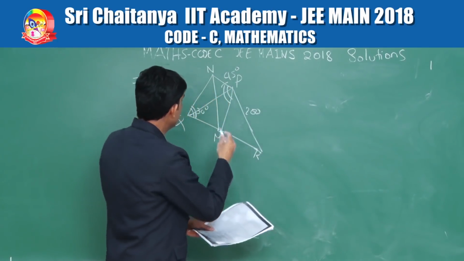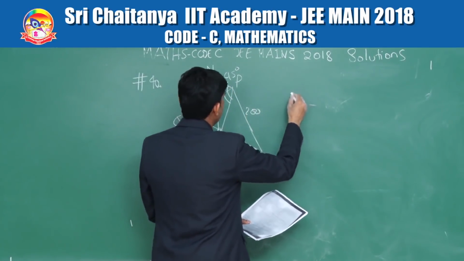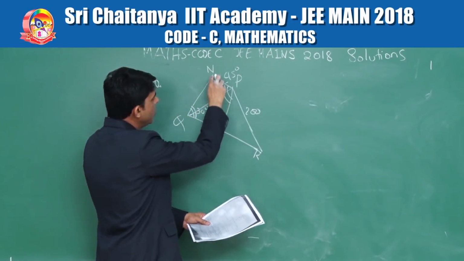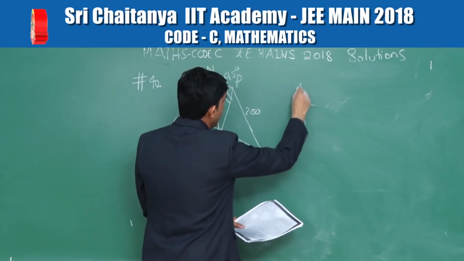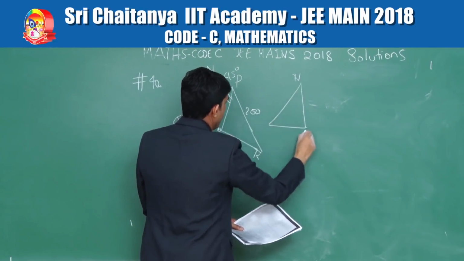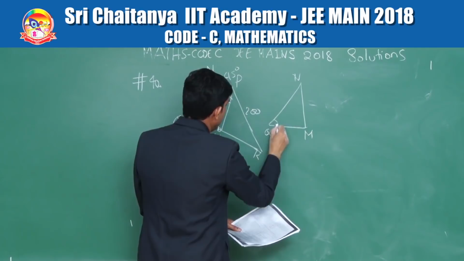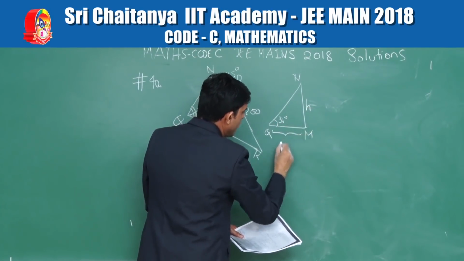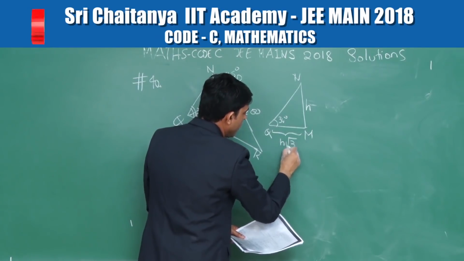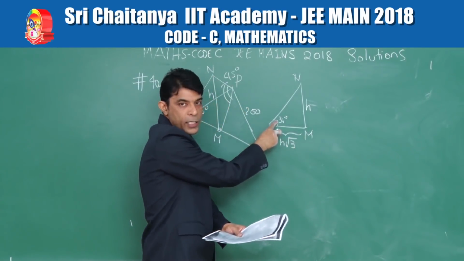So let's say that the height of the tower equals h. So NM equals h. Let's take the triangle N, M, and Q. This angle is 30 degrees. This height is h. So this QM happens to be h root 3, because tan 30 is 1 over root 3.